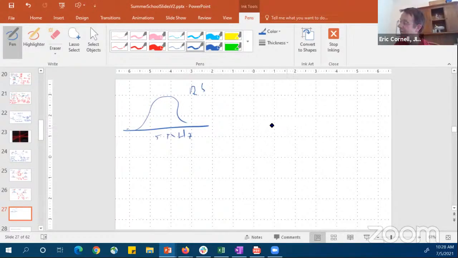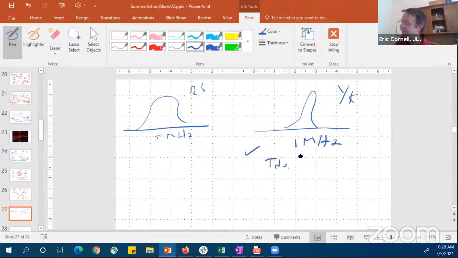Let's pick another atom, say one that is 1 megahertz. And yes, so this is good. My T Doppler will go down by a factor of 5. So far, so good.